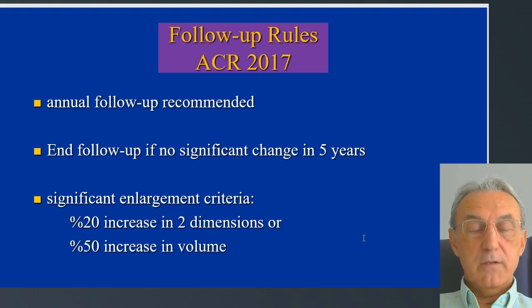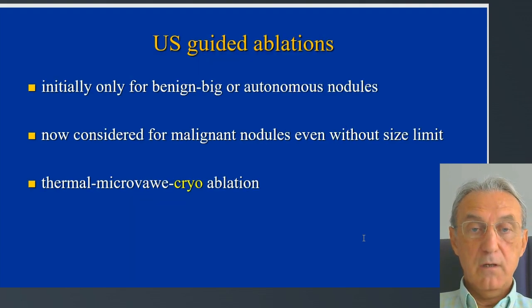Annual follow-up is recommended, usually for a period of 3 to 5 years, and significant enlargement is taken as a 20% increase in 2 dimensions and a 50% increase in volume.